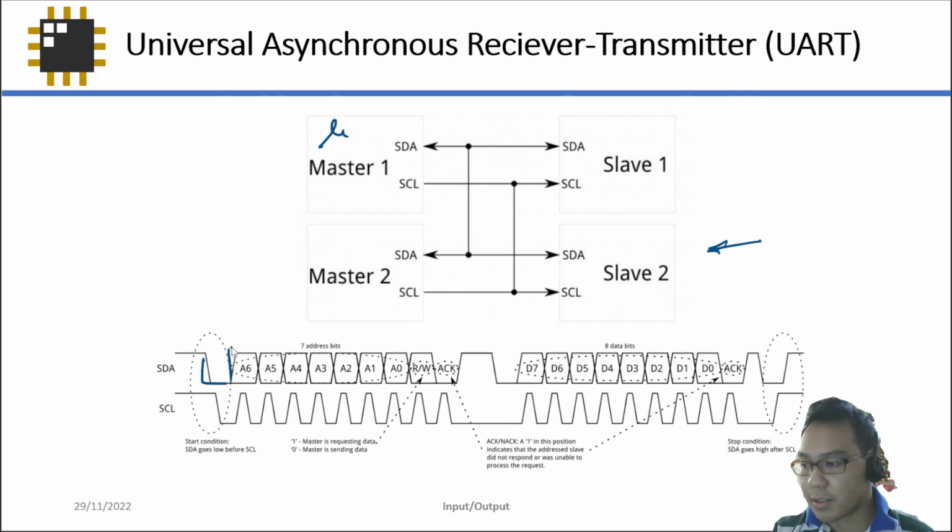Then everyone starts listening to the address bits. When the address is completely sent, everyone compares that with their own address. Everyone has their own address, which you assign to them.